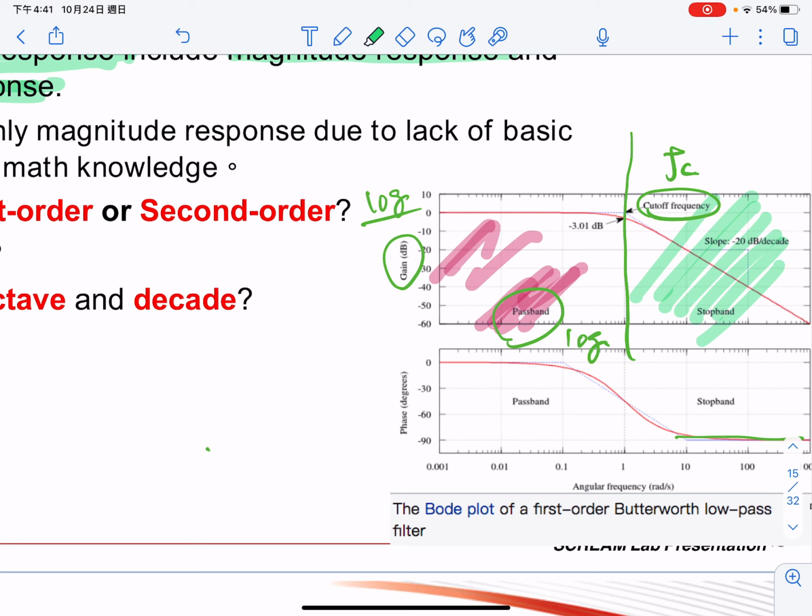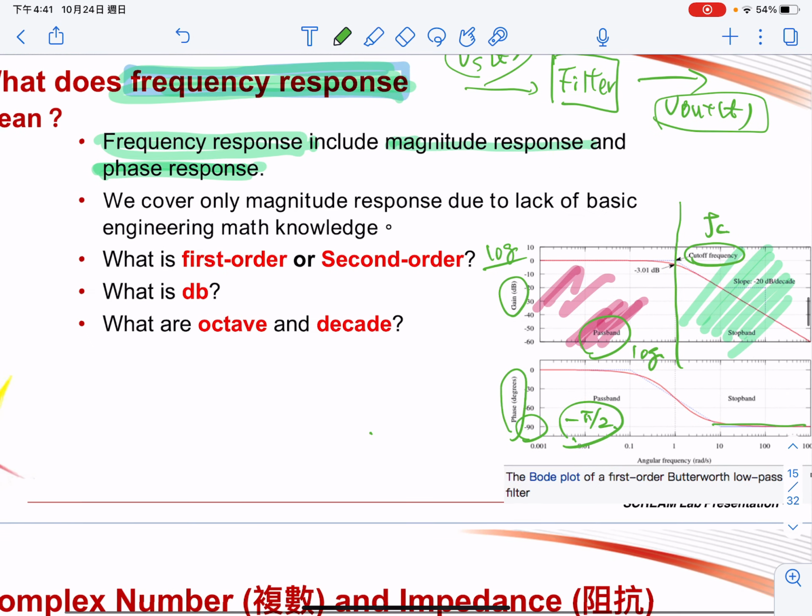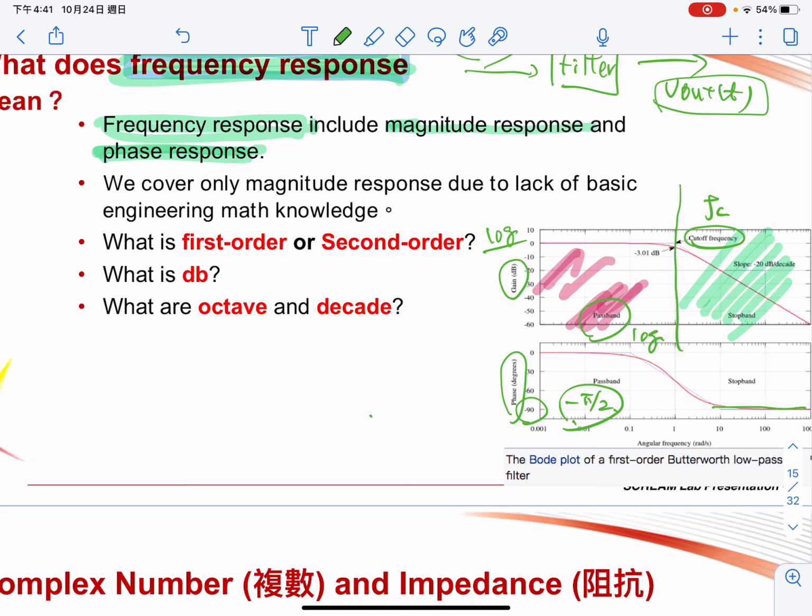And this one is the phase response, in degrees. For example, this one is minus pi over 2. There are a couple of terms that need to be explained. Let's leave the first order and second order for later. Let's first talk about octaves and decades. Let me erase this.